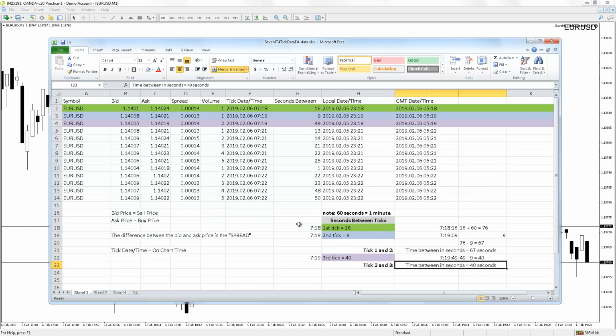Now, why does this matter? Because if we didn't have the seconds between, and every second we just added a tick and changed the candle, we would have a very even pace, and it would be nothing like a real-time interaction with the price.